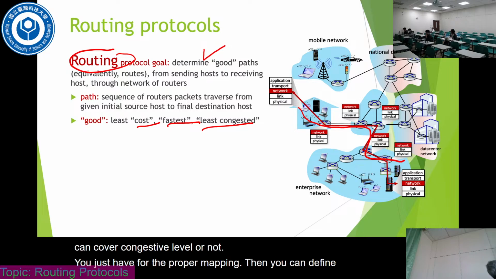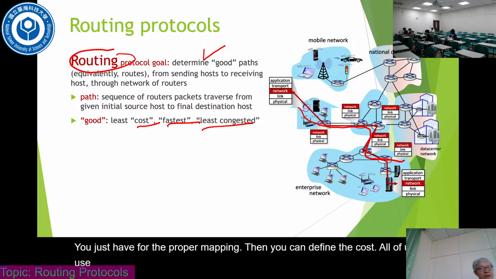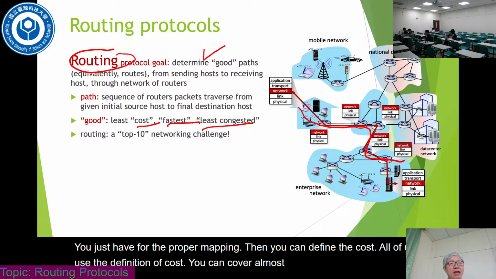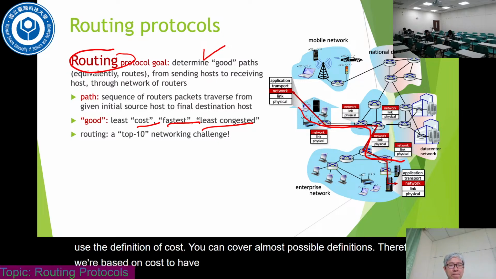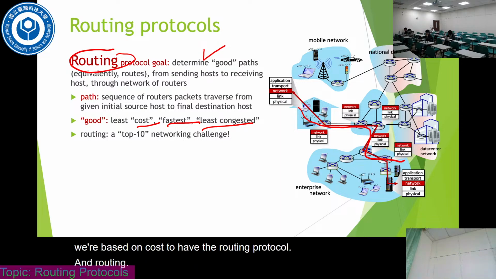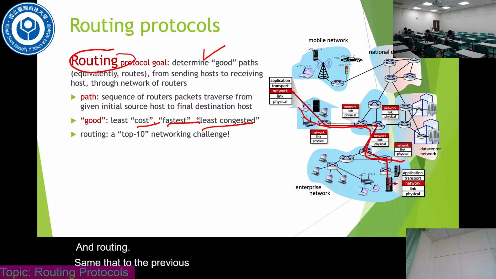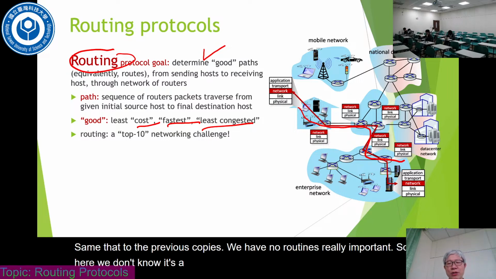All of us use the definition of cost. It can cover almost all possible definitions. Therefore, we base the routing protocol on cost. And routing, similar to the previous topics, is really important. Without it, it would be a top 10 network challenge.